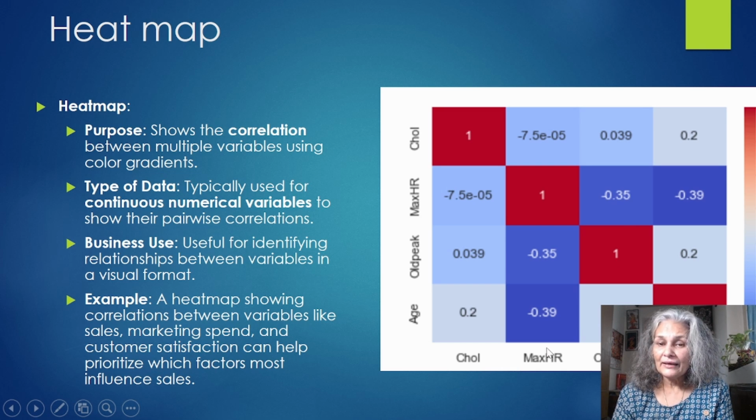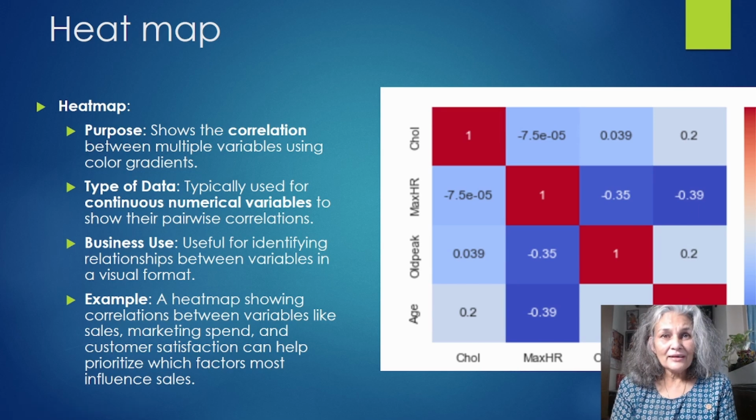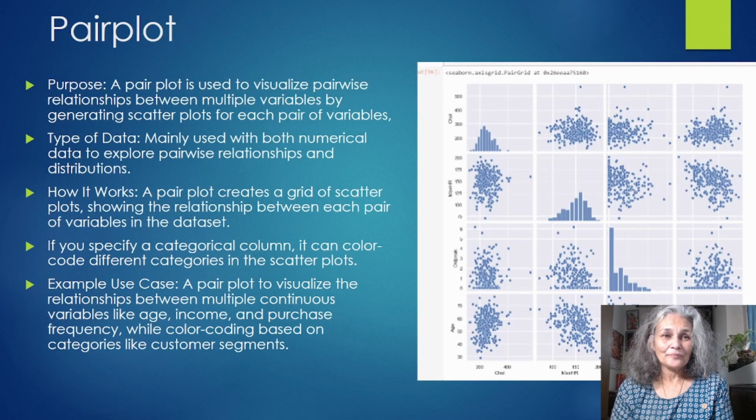Or similarly, max heart rate is also negatively correlated with age. So as your age increases, your max heart rate decreases. So these are all the different types of correlations that you can see. A heat map is a really useful shortened summary, and you can derive a lot of insight from it.